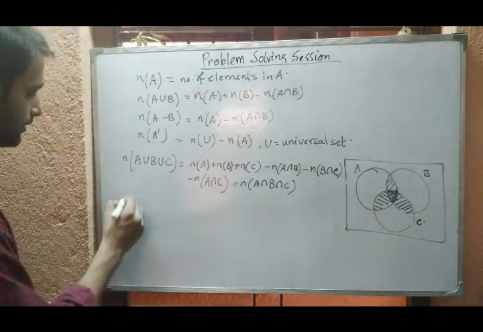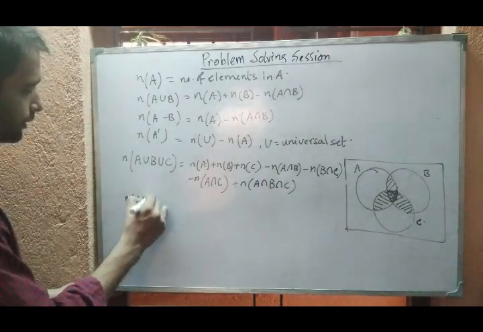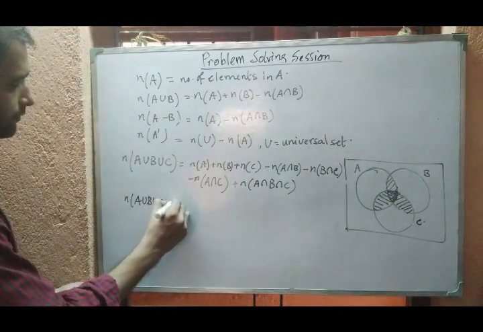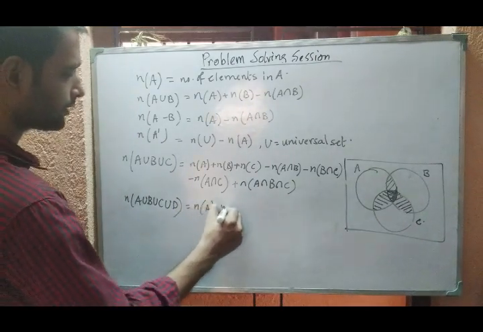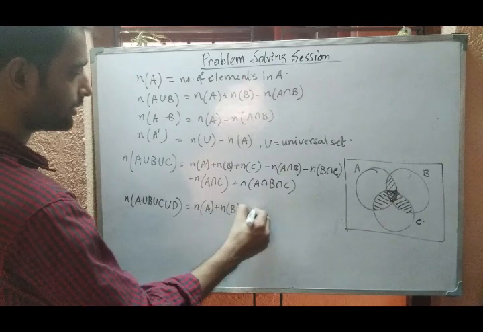So if it is like the union of 4 sets, then we can write, we will take the sets first, n(A), n(B), n(C), n(D).